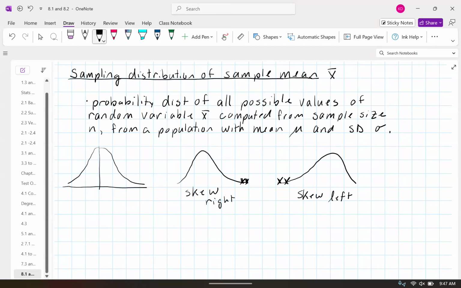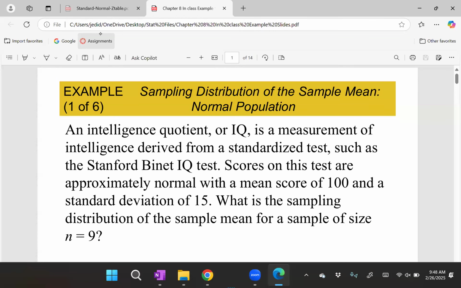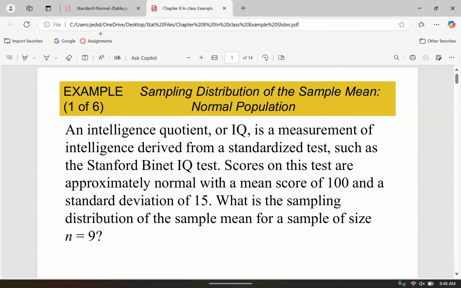Okay, I said slide 7 through 12. So we have an IQ test. Scores on this test are approximately normal, so we're going to treat them as normal with a mean score of 100 and a standard deviation of 15.